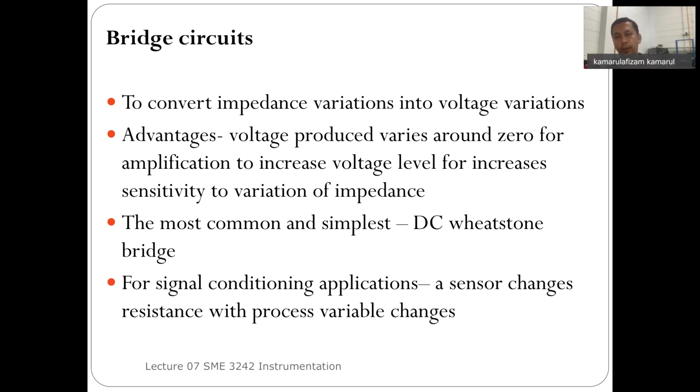We have seen also sensors that work using the first order system and also the second order system. And when we finished the first part, we looked at the second part, which is signal conditioning.